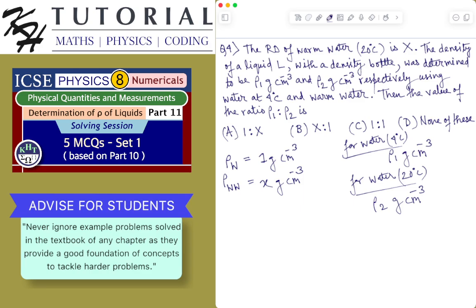As you can see, it is the same liquid, and the volume of the density bottle is the same. Its capacity is the same, so its volume is the same.